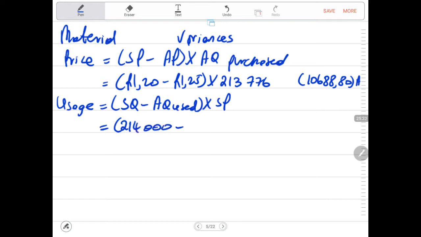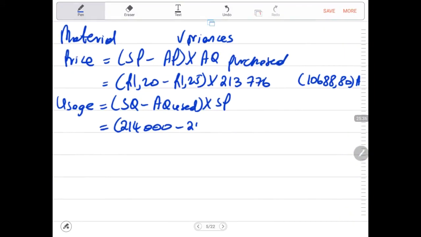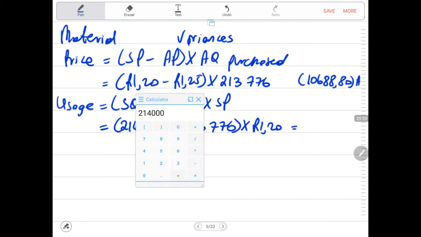But the company actually used how much? The company used 213,776 times by the standard price of 1 rand 20 cents. Then we'll have a variance here that will be a favorable variance. 214,000 minus 213,776 times by 1 rand 20 cents.